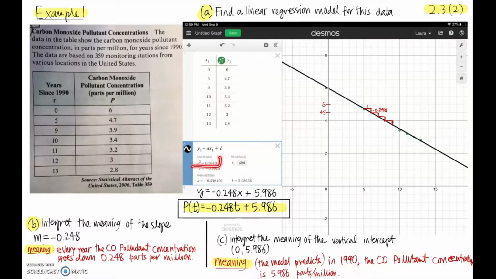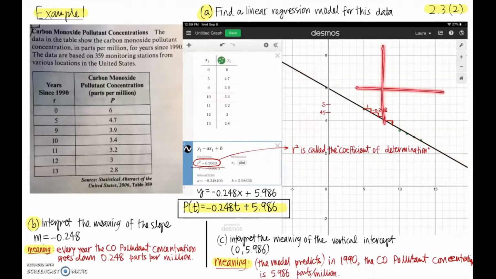R-squared is called the coefficient of determination, and it is a measure of how well this line will actually fit the data. You can imagine sometimes being given data that doesn't look anything like a line.